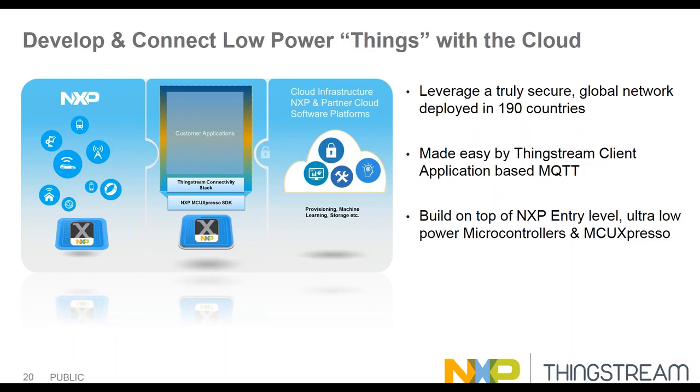Nice. Okay, and Gordon, I think this one's for you. What are the major differences between LPC 800 and Kinetis L series MCUs? The main reason ThingStream used both for different configurations: the LPC 800 is really focused on entry level, more simplistic applications where an 8-bit microcontroller might have traditionally been used.